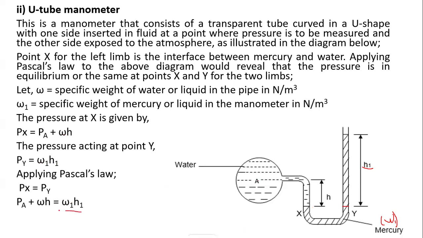So here, this is what we have. But remember, the question is asking you to find the pressure of the fluid flowing in the pipe. What is the fluid pressure inside this pipe? So make PA the subject. To do that, move this to the other side. So you have pressure at A is equal to omega 1 H1 minus omega H.